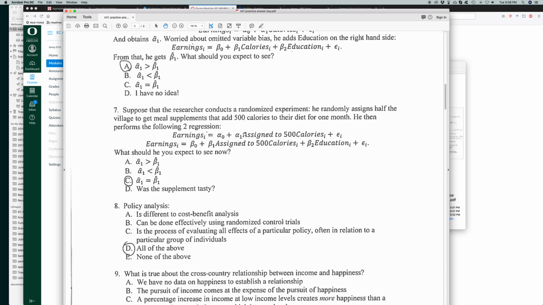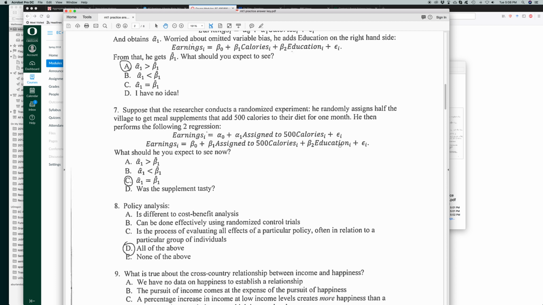The short answer is that alpha 1 ought to be equal or very close to beta 1. These two are going to be the same because the assignment to the treatment was randomly given to people. It's an RCT, and therefore it doesn't matter how many controlling factors you include, such as education.